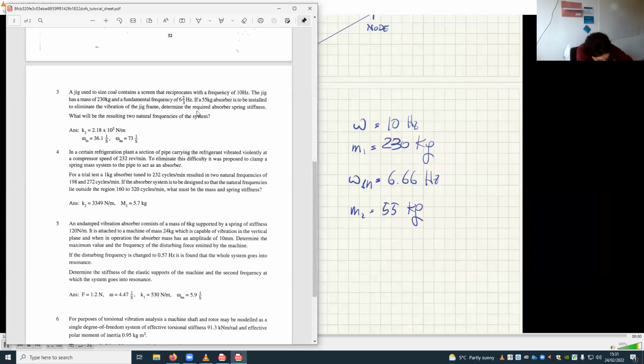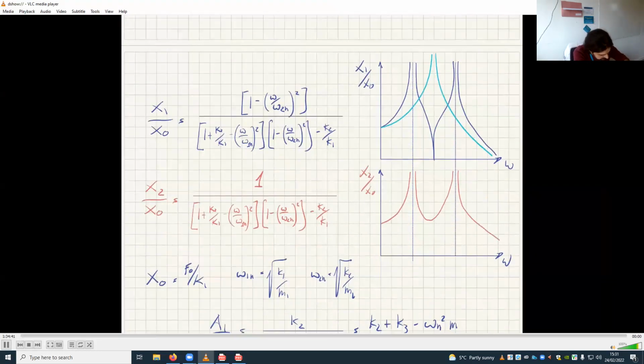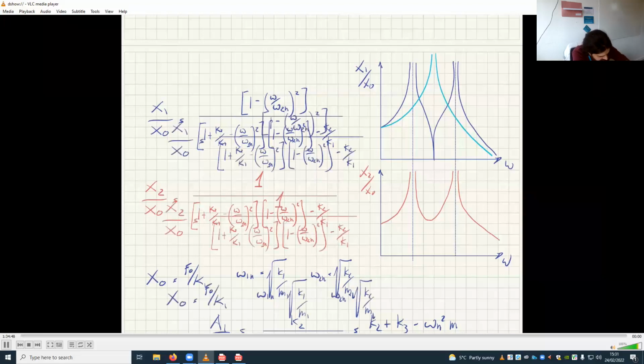What is K2? I'm asking here, what is K2? First of all, let's use the absorber equation. I'm going to copy and paste them as they are, both of them. You know what? I'll copy and paste everything because this is my formula sheet for the absorber.